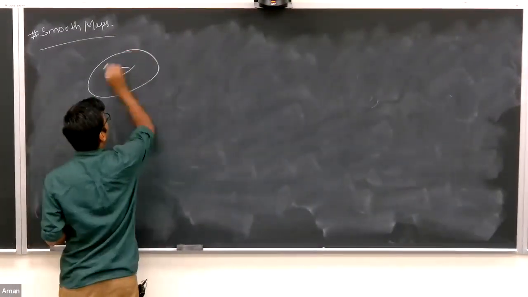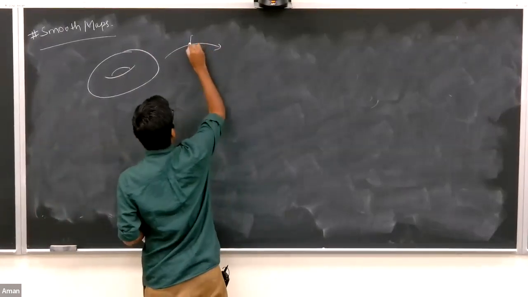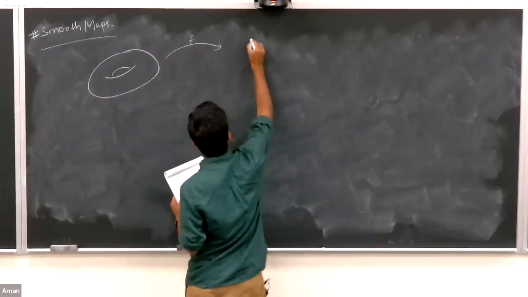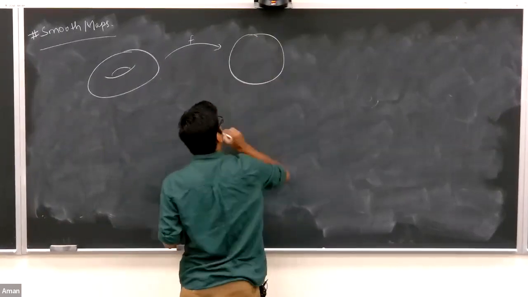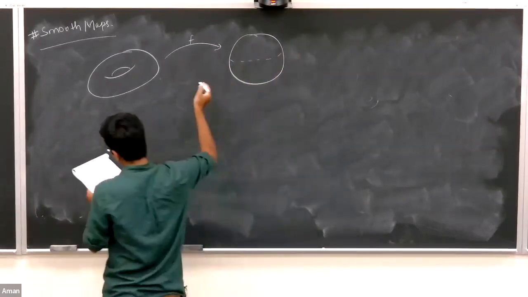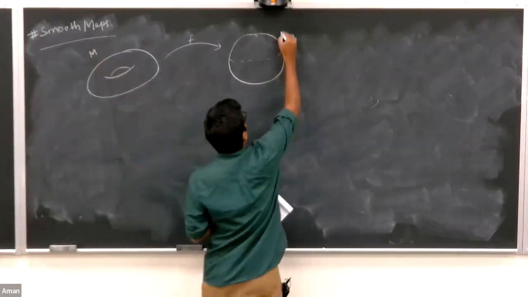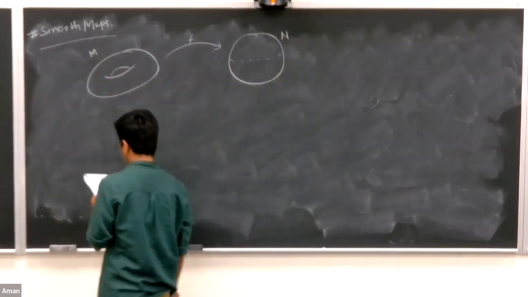So let's say there's a function f which takes points from this torus and takes them to another manifold, which is a sphere. And both of these are manifold M and N, right?